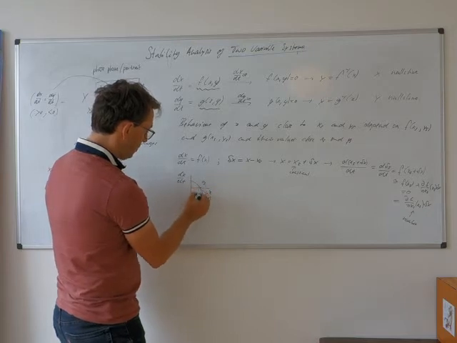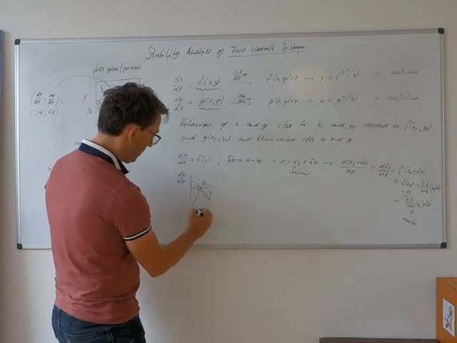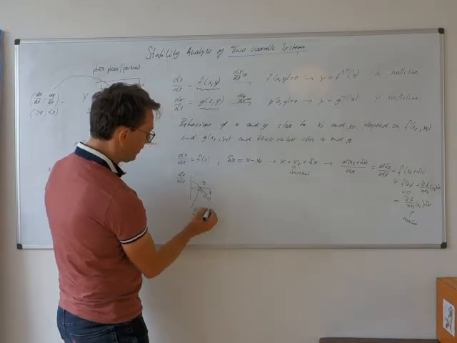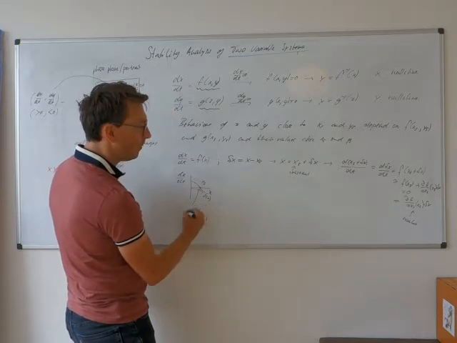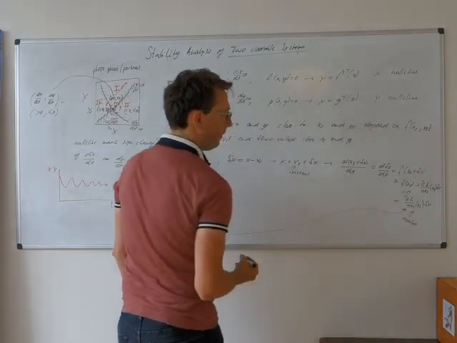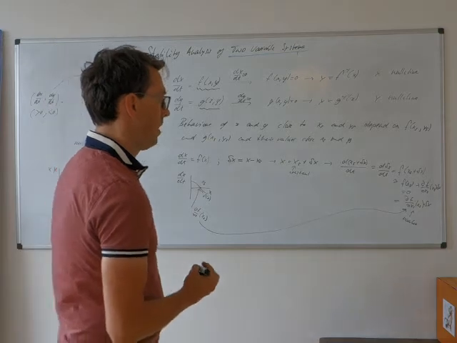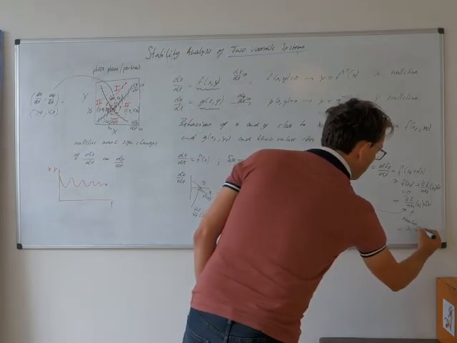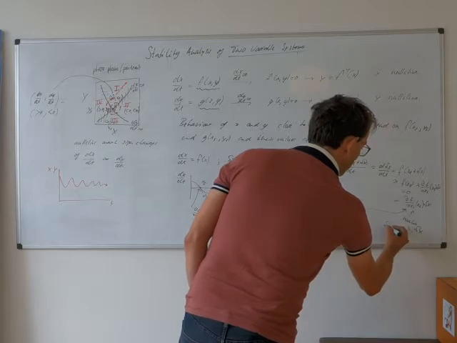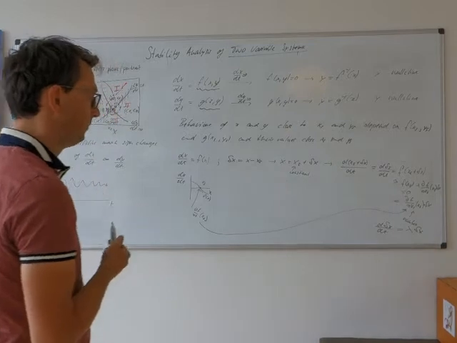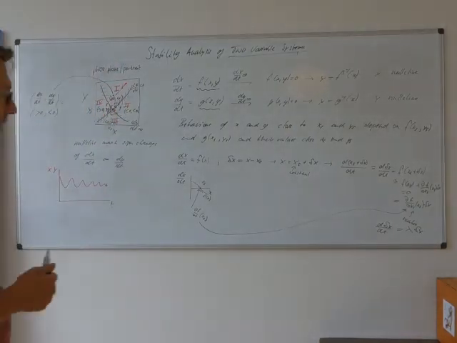So this slope is delta f over delta x, at the value of x, and that's going to be a number. Right? And that is exactly that number. So if we give that number a new name, then what we arrive at is this differential equation with this new parameter lambda.